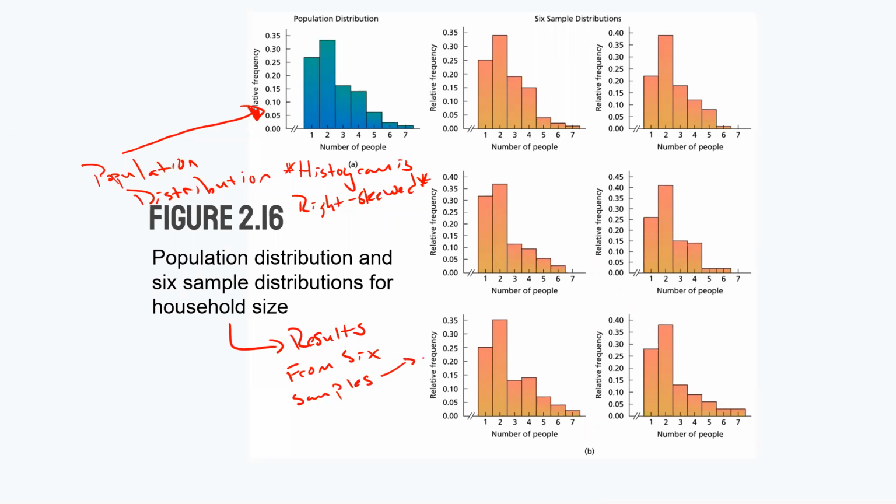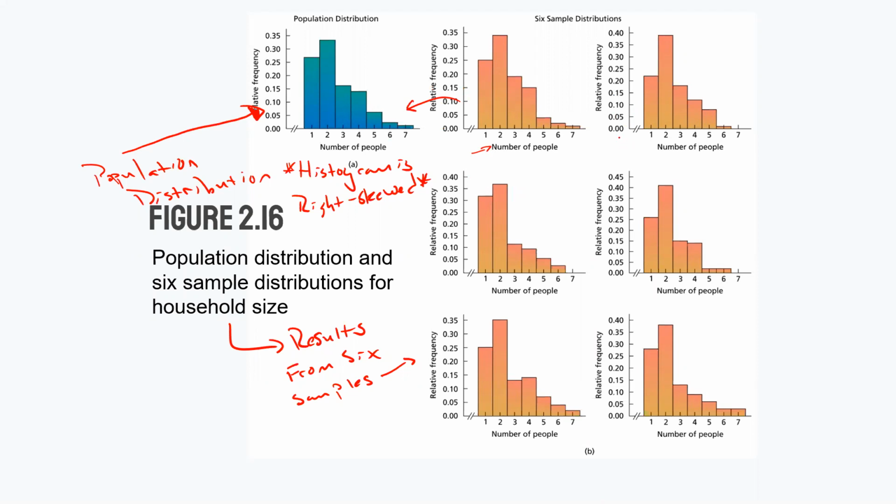Okay. Now, when you look at these results carefully, did any of my sample data look exactly like the population? Even this one, does this one look real close to this? It looks really close to it, right? But it's not exactly the same.